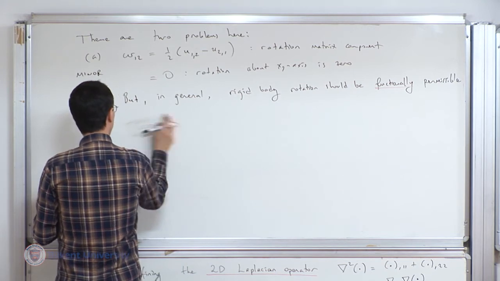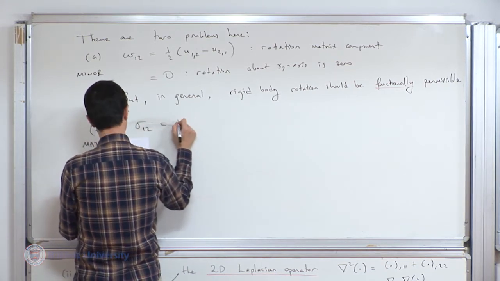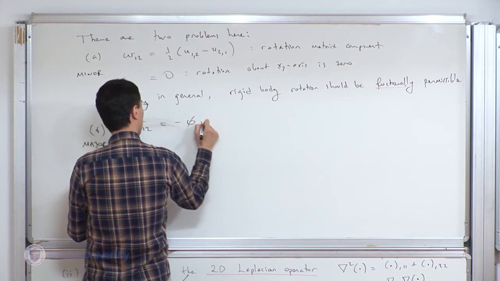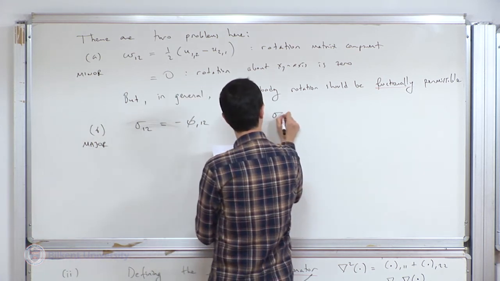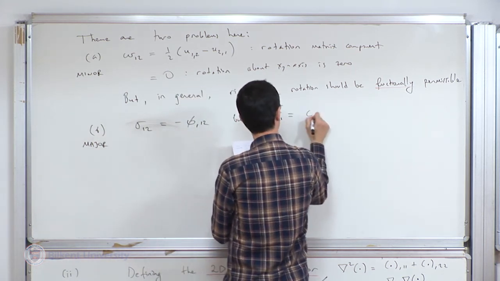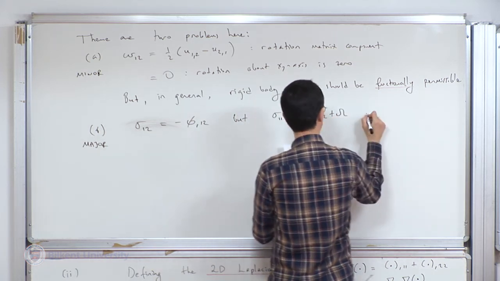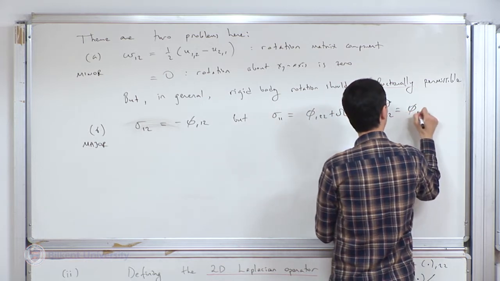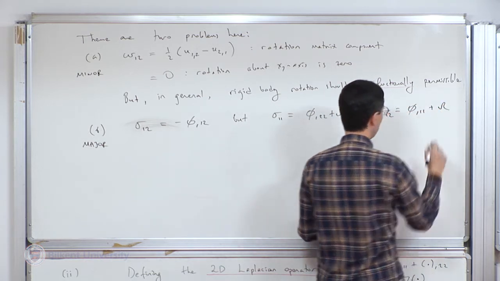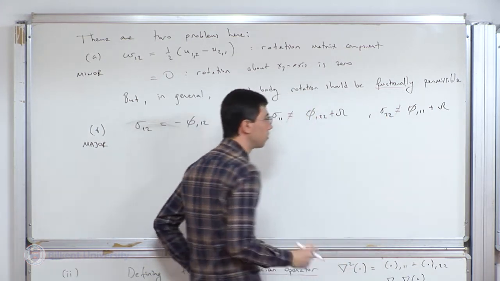So let me just note here that sigma 1,2 is actually correctly recovered, but sigma 2,2 and 1,1 are not. So this is not true.